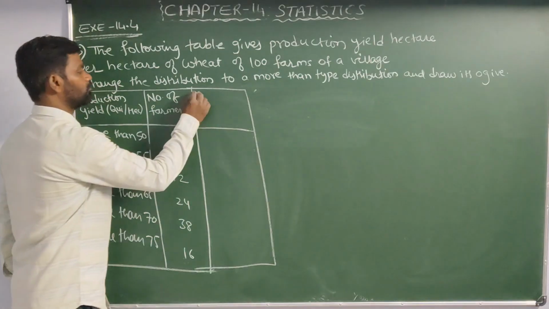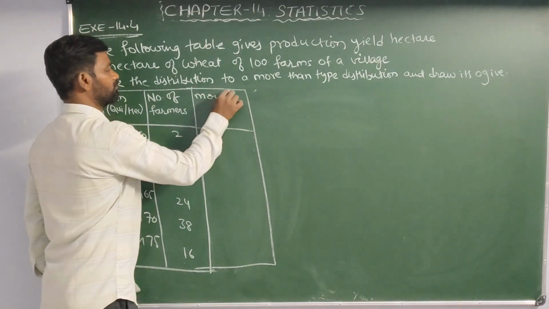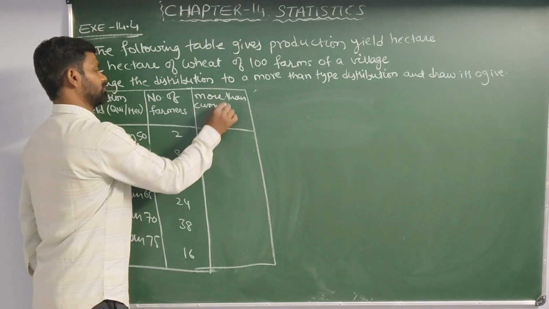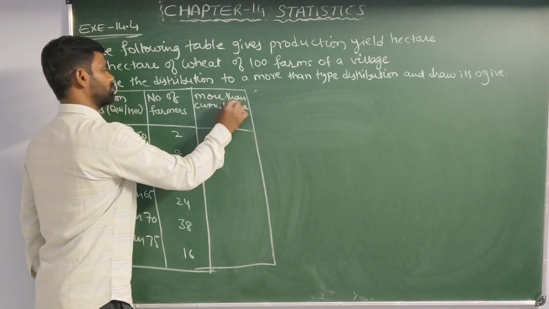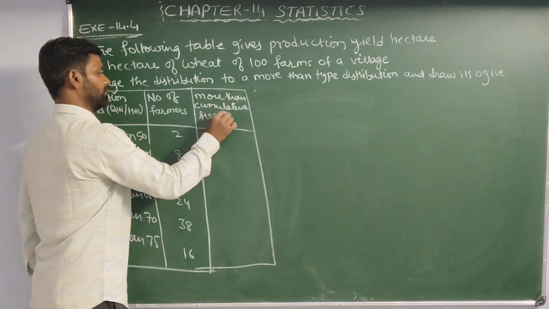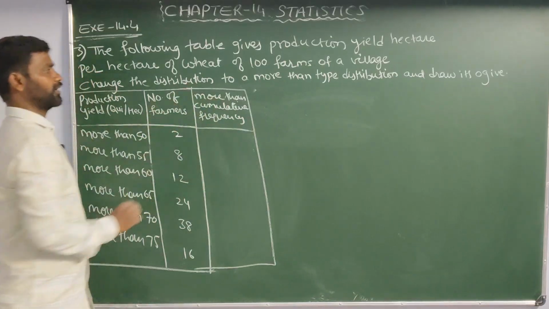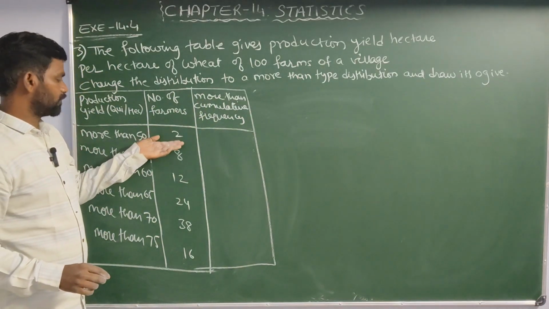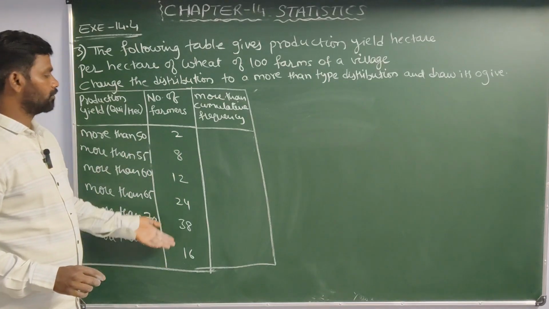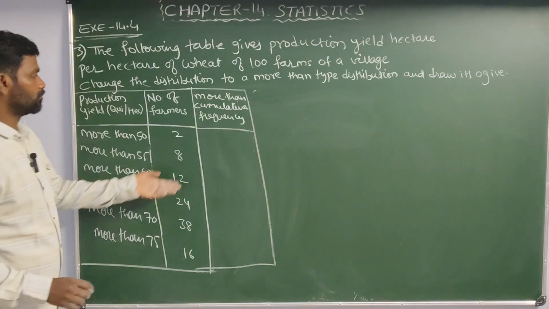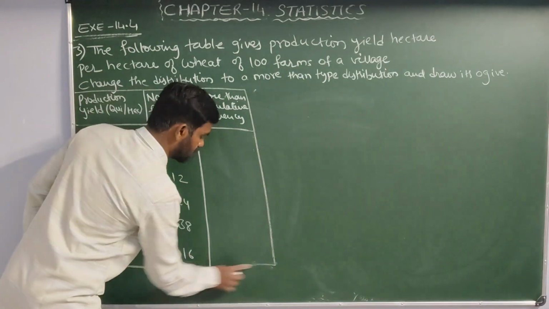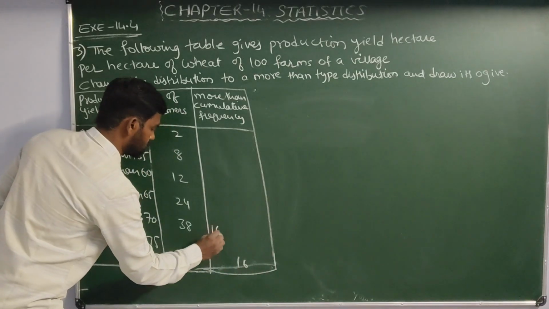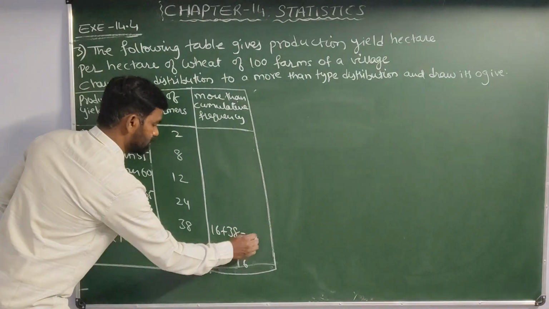Now we have to write the more than cumulative frequency. So what I said, for less than cumulative frequency, we come from the top to the bottom. We write the values from the top to the bottom. For more than cumulative frequency, we write the values from bottom to the top. That is 16. 16 is added to the next frequency, 38.